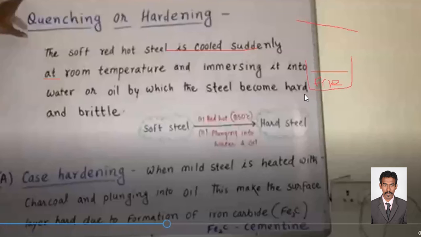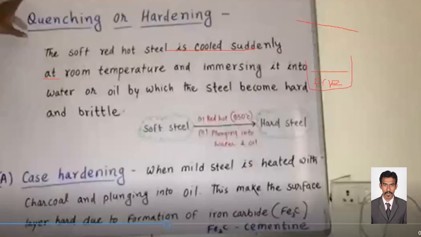So you heat it to a high temperature around 700 or 800, then suddenly take it and put it into a water bath or oil bath or some salt bath, and you make it hard.